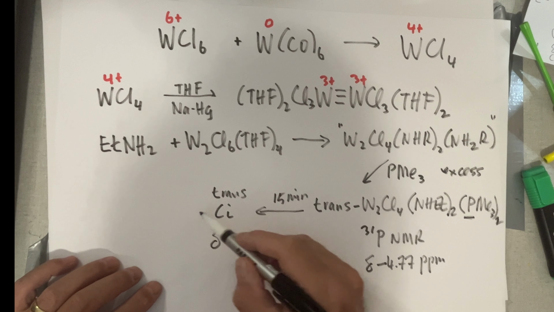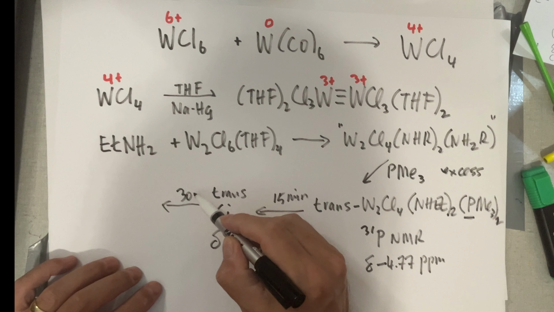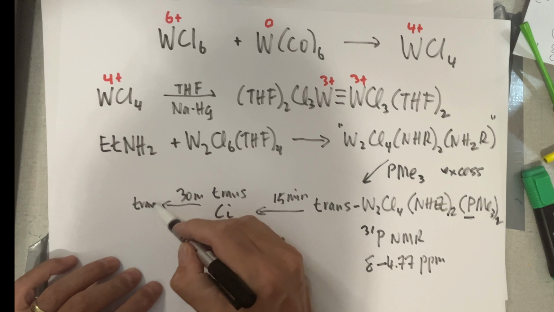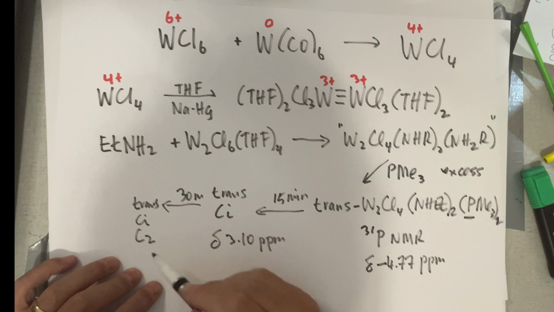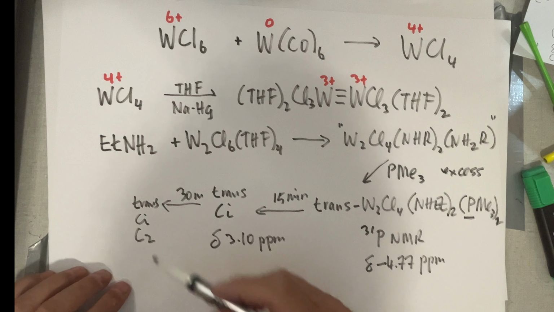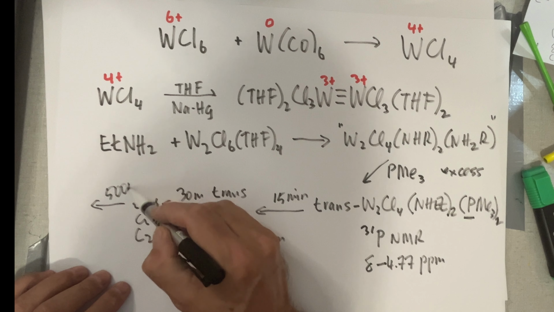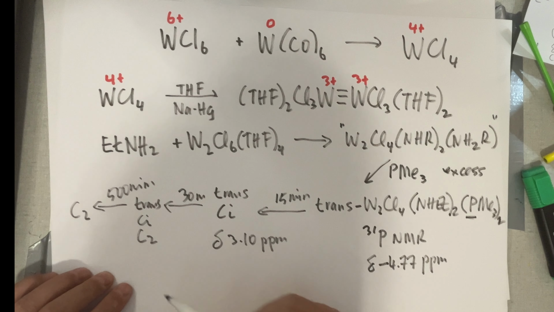And then after about 30 minutes, the authors claim that they could see all three isomers, and the C2 has now started to develop. And after 500 minutes, they saw exclusively the C2.